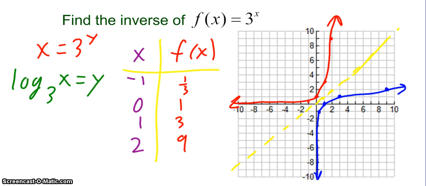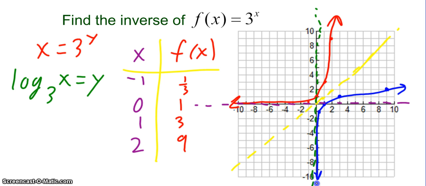And another thing to point out, on the exponential function, we have that horizontal asymptote of y equals 0, which translates to the log function. We now have a vertical asymptote of x equals 0.